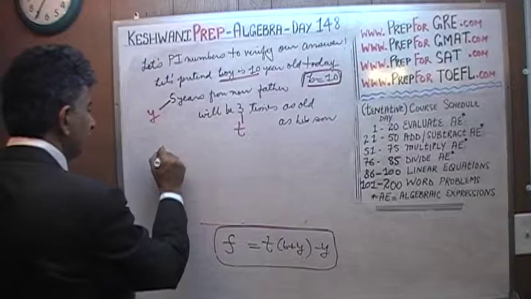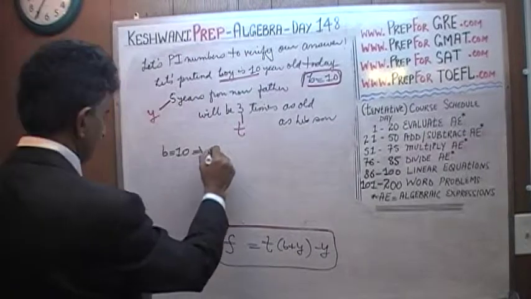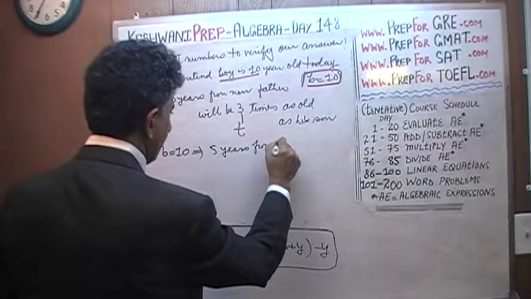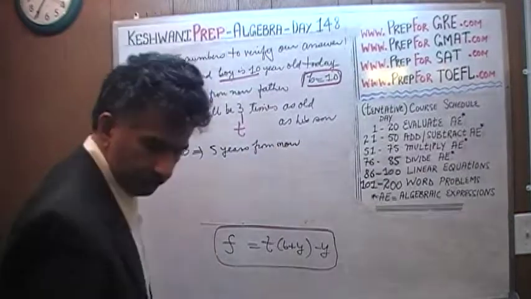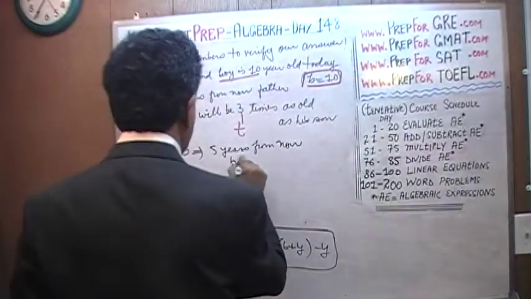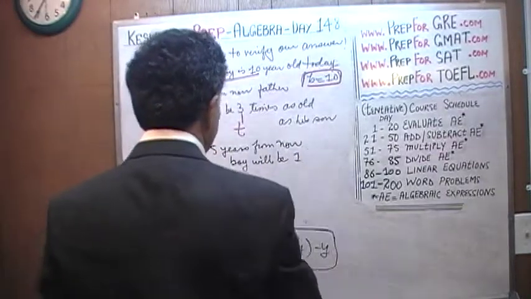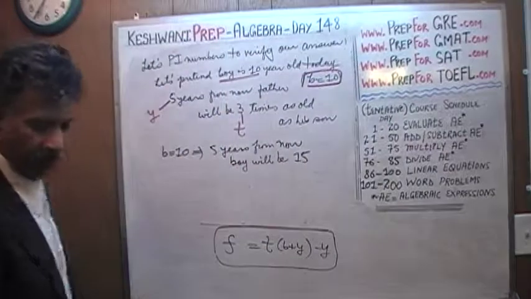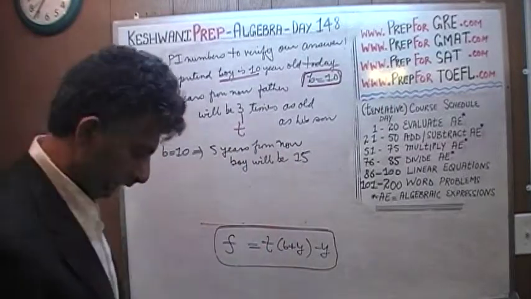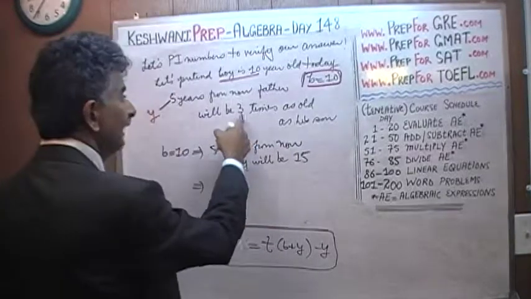If the boy is 10 years old today, that implies that 5 years from now the boy will be 15. Which makes sense, because we are pretending that he is 10 years old today, therefore 5 years from now he should be 15. At which point we are told that the father is 3 times as old.